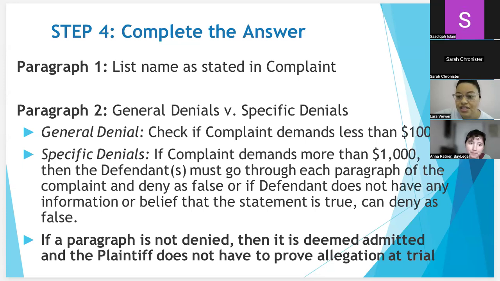If a clerk rejects the answer, then it's as if no answer was filed, and a landlord can request default if a defendant doesn't get an answer filed before the deadline. That's why it's also best to go in person, especially for self-represented litigants.